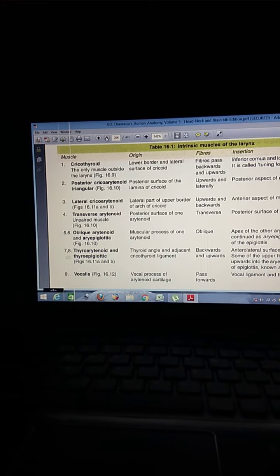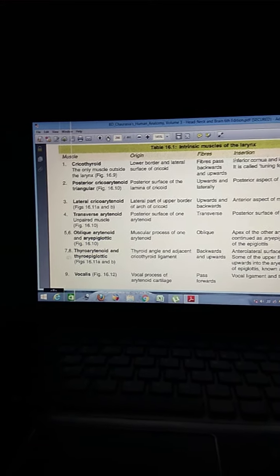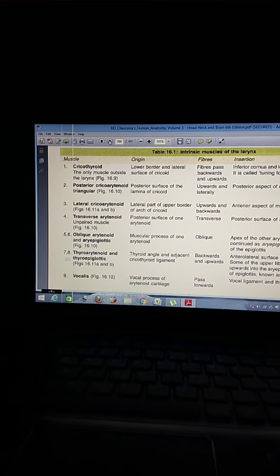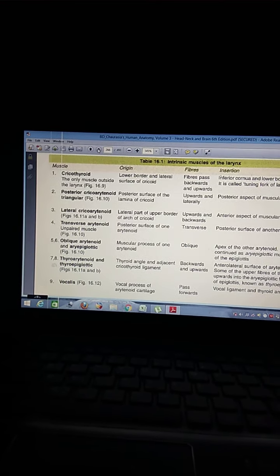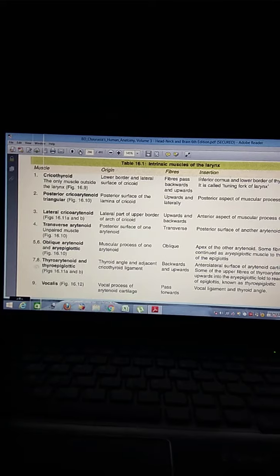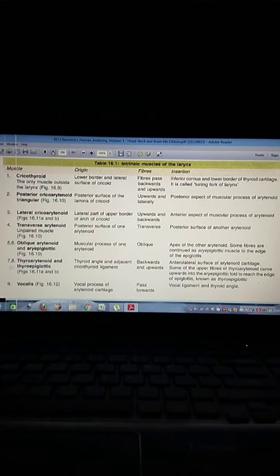The cricothyroid, the only muscle outside the larynx: origin, lower border of the lateral surface of the cricoid; fibers pass backward and upward. Insertion: inferior cornu and the lower border of the thyroid cartilage. It is called the tuning fork of the larynx.